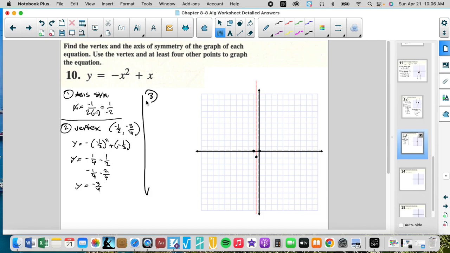And 3 is another point. Additional point. So what are we going to plug in? Let's plug in 1. So y equals the opposite of 1 squared minus 1, which equals 1 squared is 1. We bring down the negative. So y equals -2. Does that work?